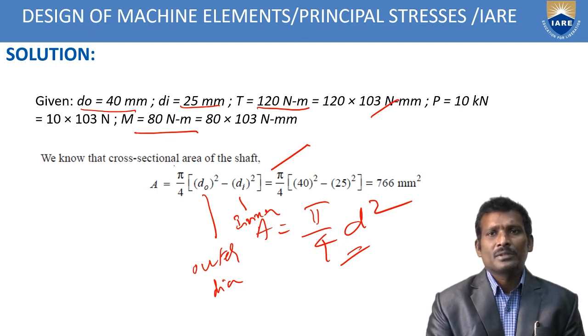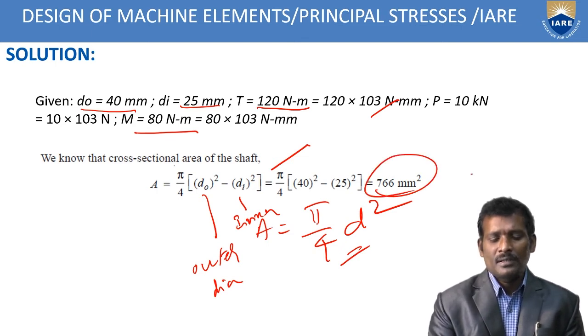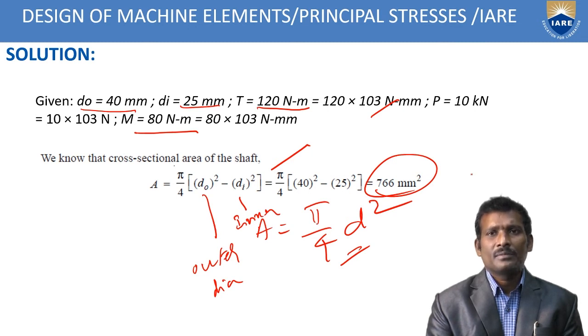Substitute the given values in this equation and you will get the cross-sectional area of the shaft, that is 766 mm².